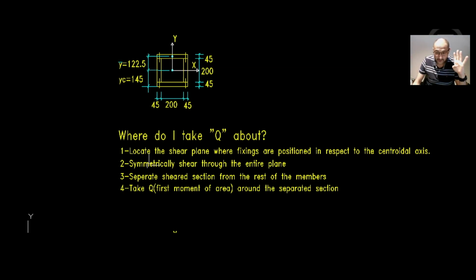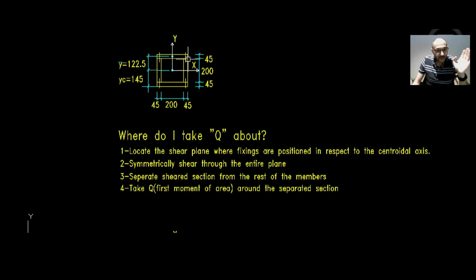There are 4 main steps that I usually take, and it hasn't failed me yet. So these 4 steps seem to be consistent across almost any problem. The first step is locate the shear plane where fixings are positioned in respect to the centroidal axis. So you need to look at the section and say, where are the shear planes? How many shear planes do I have through the fixings? And what are their location in respect to the centroidal axis?